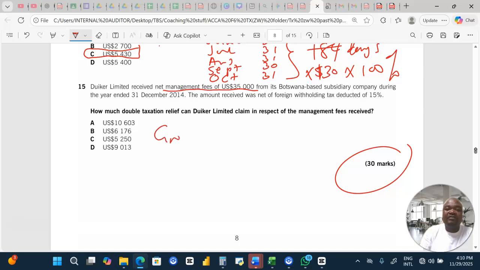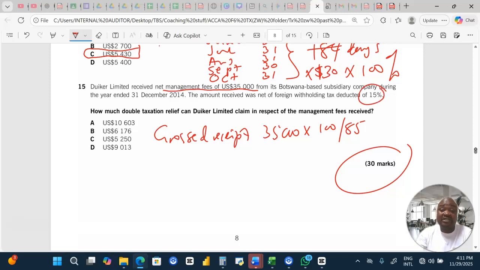So the grossed receipt is 35,000 multiplied by 100 over 85. Why 85? Because they have deducted 15%. So we want to see how much the fees were before taxation.